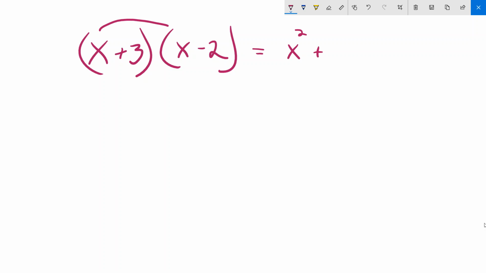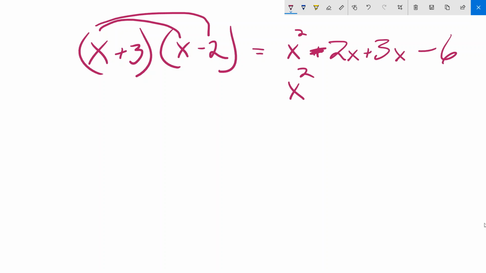Okay, it's that times that for the x squared. Then it's that times that, so it's minus 2x, and plus 3x minus 6, which comes down to this.